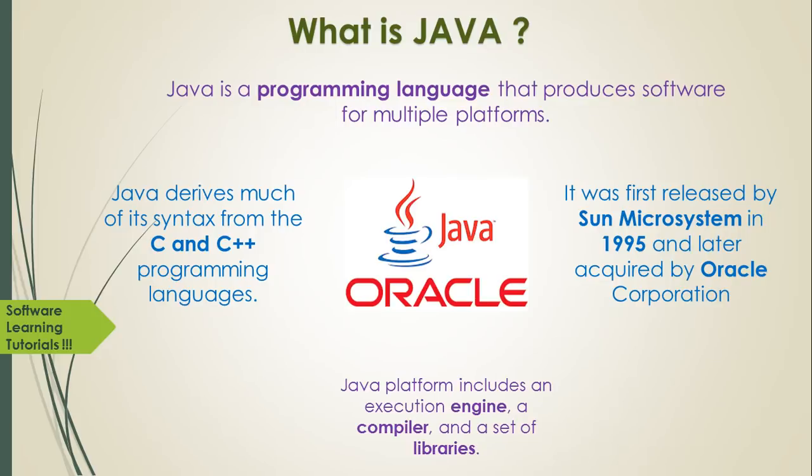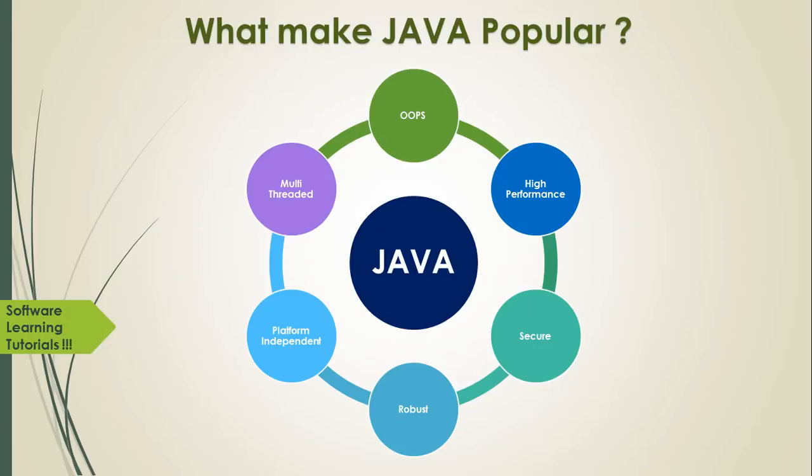So let me take you to the next slide, where we are going to talk about why we choose Java over other programming languages. If you go to Google and compare Java with other programming languages, you might find some pros and cons.